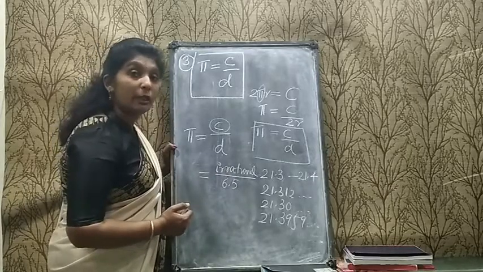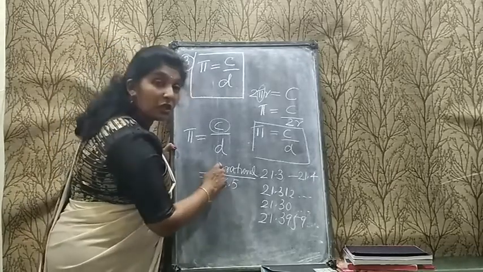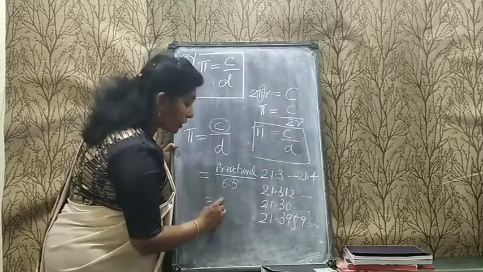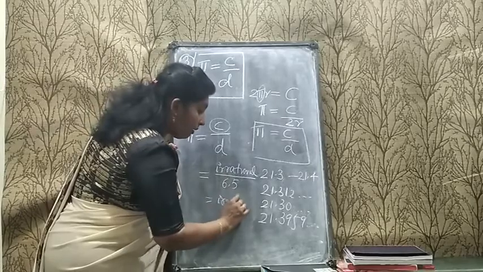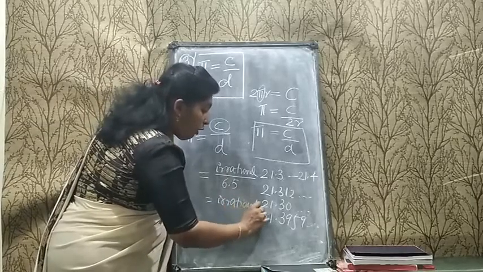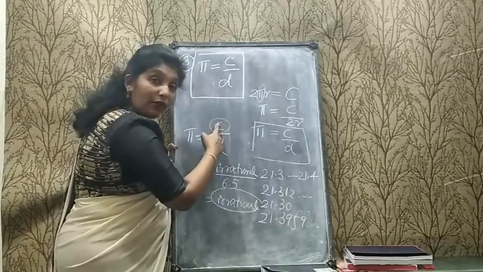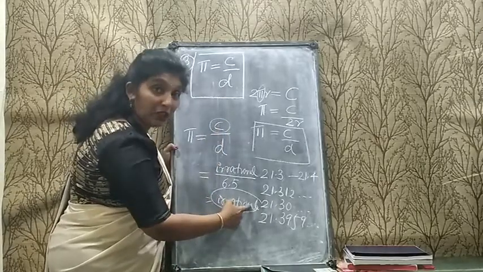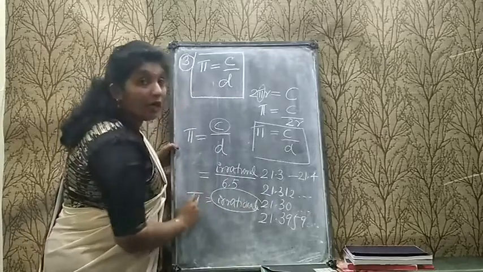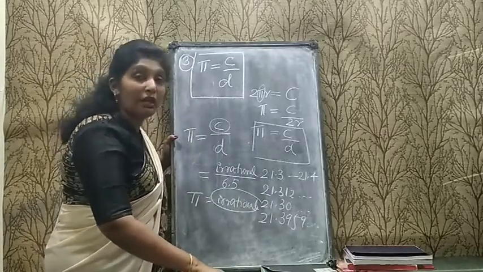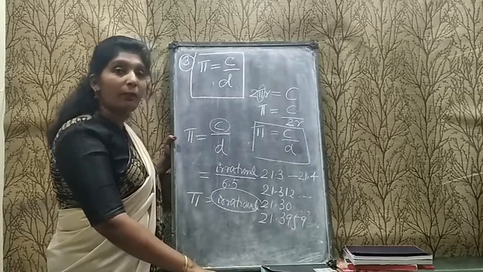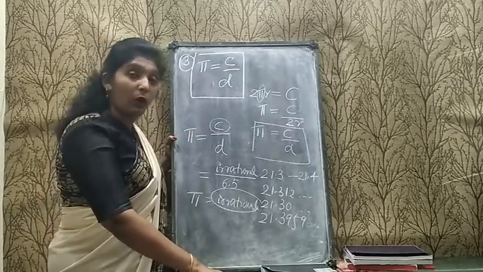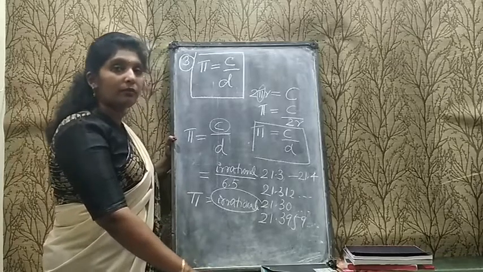Already you learned in the previous videos, if an irrational number is divided by a rational number, then we will get an irrational number. It means the ratio of the circumference of the circle and the diameter we are getting is irrational. It means here also we are getting pi as an irrational number only. Pi is not a rational number. Here no contradiction is there. Pi is irrational only. Got it?